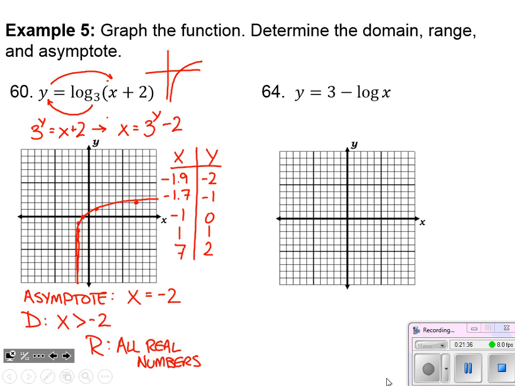Let's take a look at 64. If I were to write this as an exponential, well, first thing I need to do is subtract 3 from both sides. And I'm going to call that log base 10 of x. No base given, that's understood to be a common log. Then I need to divide both sides by -1.